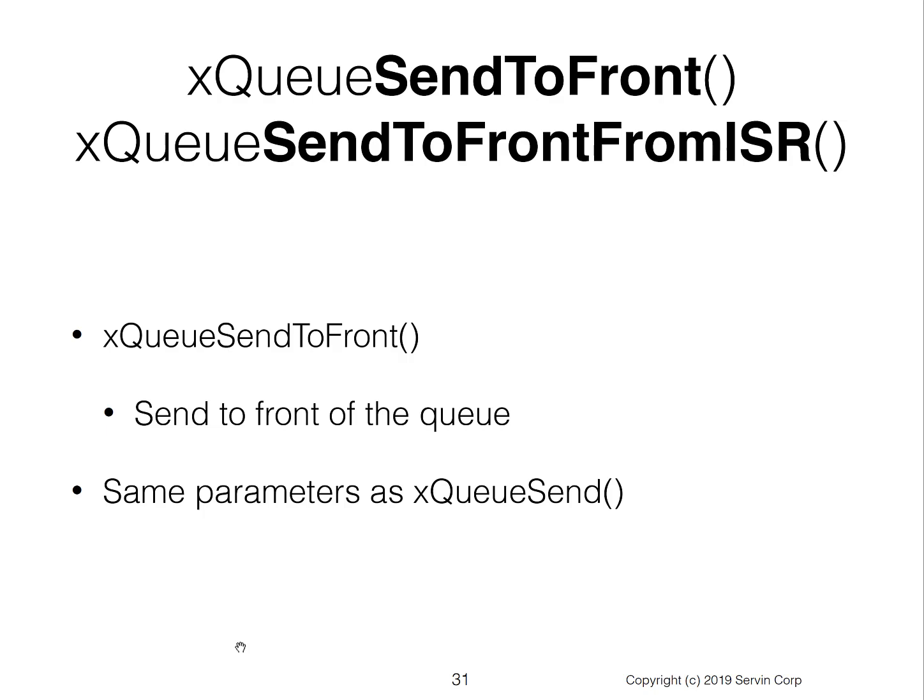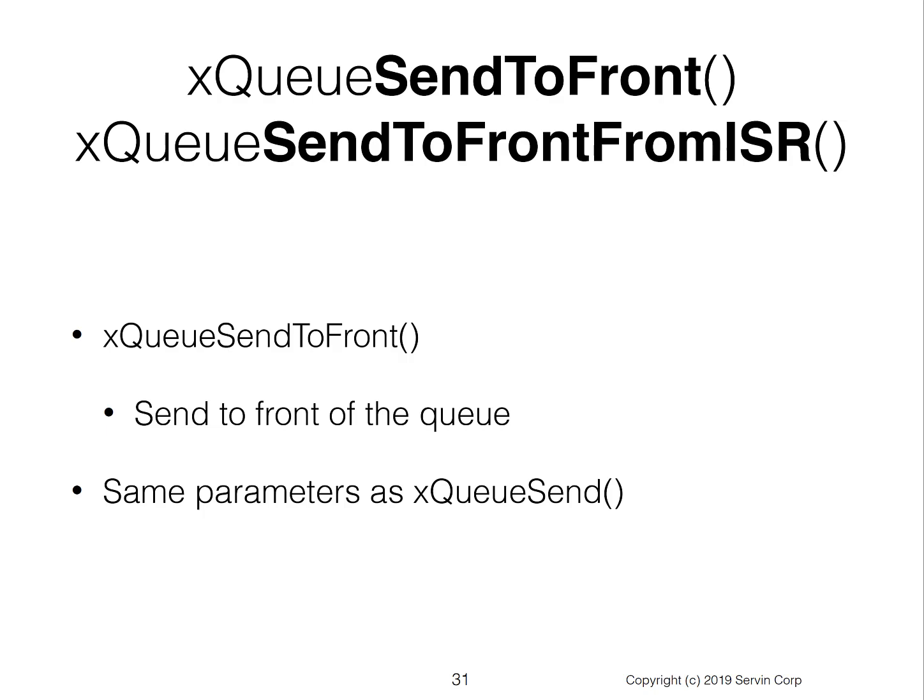Now it turns out you can also do an xQueueSendToFront. This would allow you to basically put high priority on a message, such that if there were things already in the queue, you could send something to the front of the queue. Kind of like the VIP. You're going to the head of the queue. You don't have to wait. What some of the banks have, if you're maybe a high net worth client, you can go to the front of the queue.